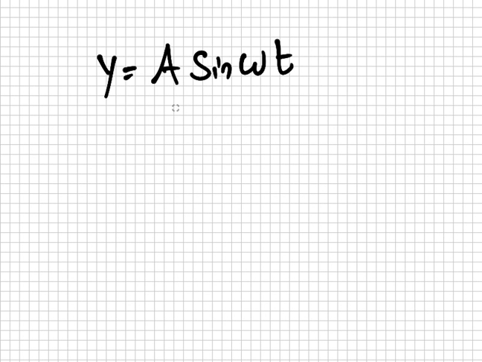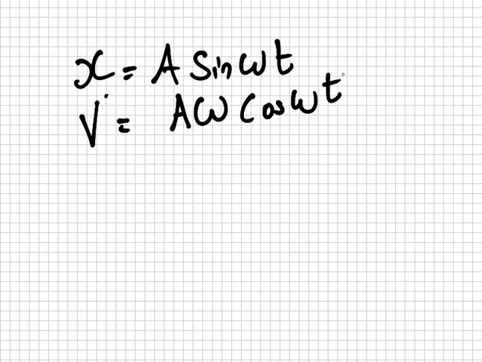Okay. So what I'll do is I'll just get rid of that here. They use the letter y, but I'll just use the letter x. Now, you remember I gave you these formulas yesterday, didn't I? So, if x is the position, what one would be the velocity? It'd be A omega cos omega t. Yeah?